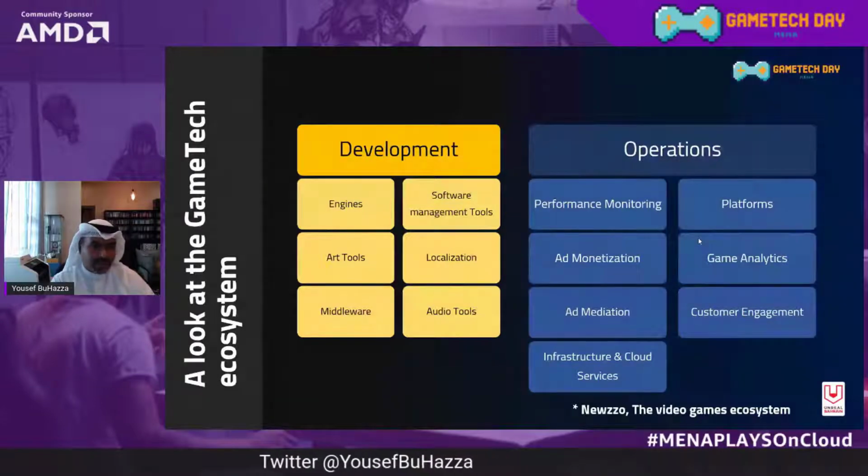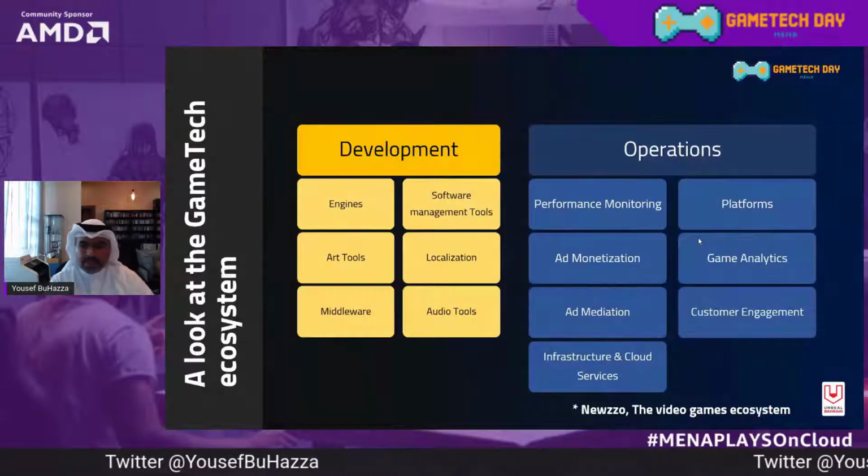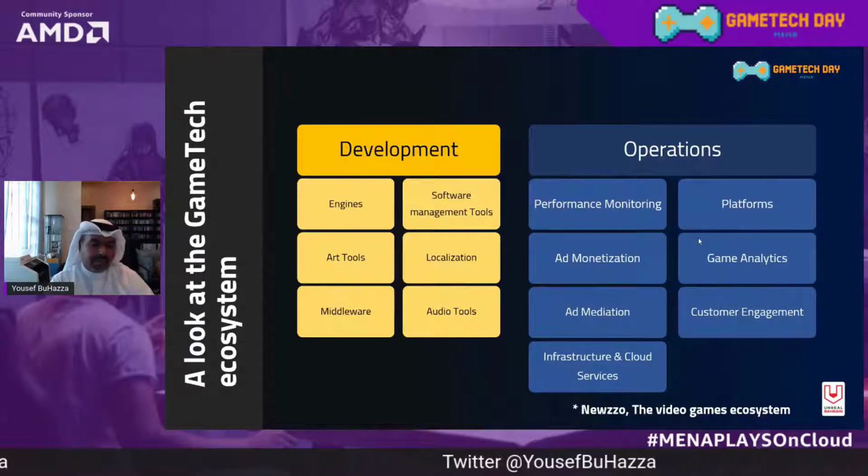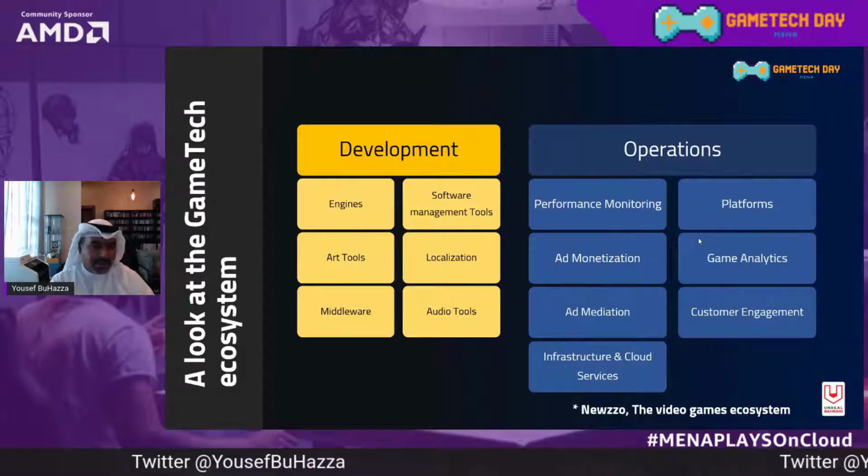You've got software management tools. These are tools that exist in the cloud, so game developers can utilize them to have better source control and better team collaboration.